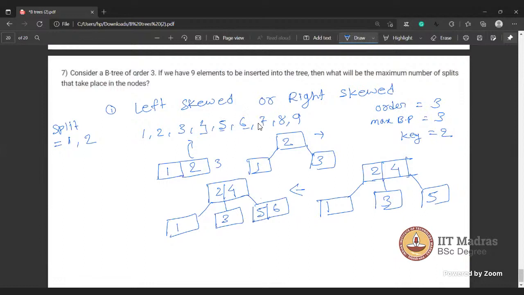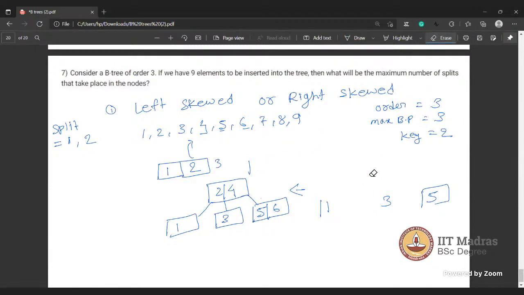So let's insert 7. Inside, 6 will be popped up. Okay, so I insert 7, and it will pop out in this position, and then again 4 will be popped up.